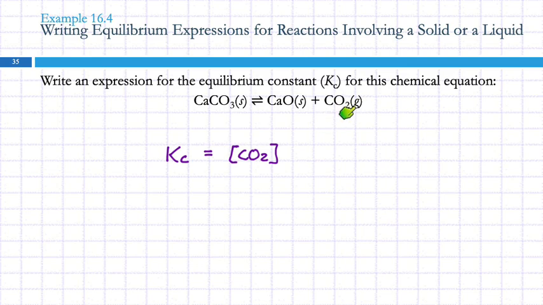This is a product, it's a gas. Everything else is a solid, so it doesn't show up. So the equilibrium constant for this expression is equal to the concentration of CO2. Any questions?